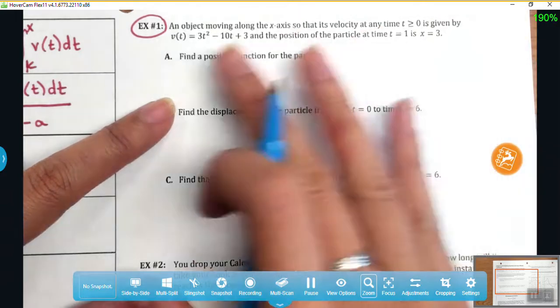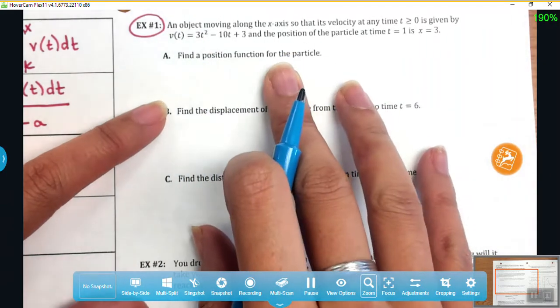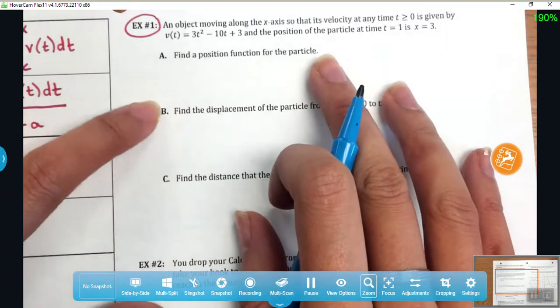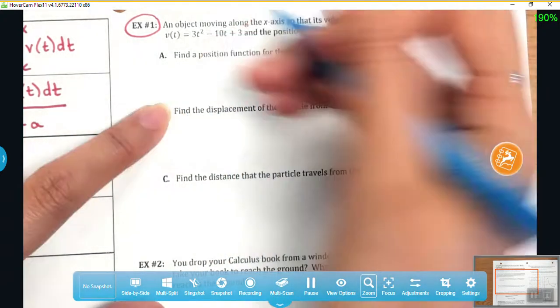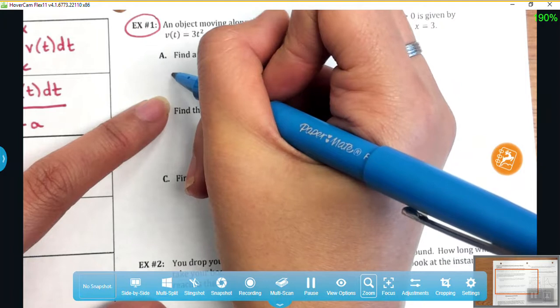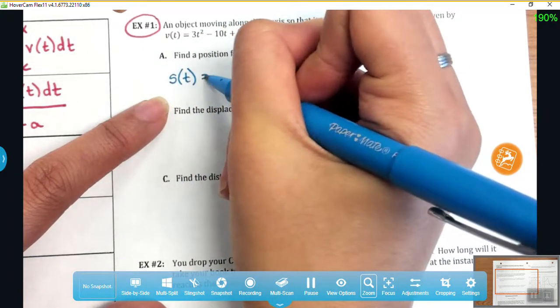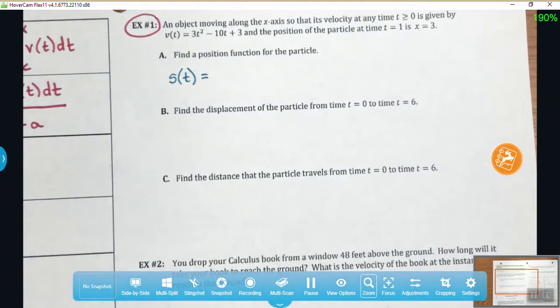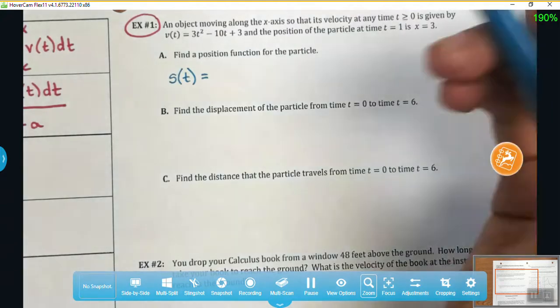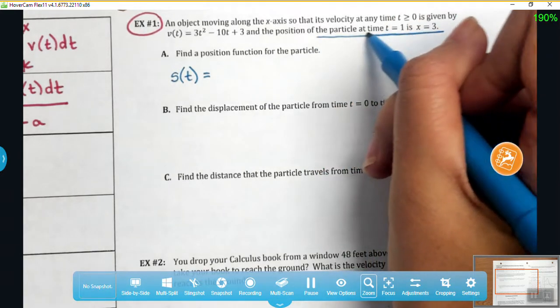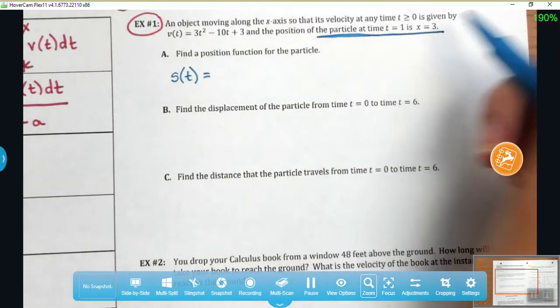Okay. So if you want a position function for the particle, if they don't tell you to solve for anything, then all you have to do is write s of t equals, and then let's do the accumulation function. Now, notice it says the position of the particle at time t equals 1 is 3, right?